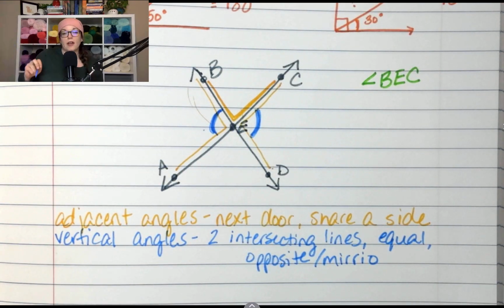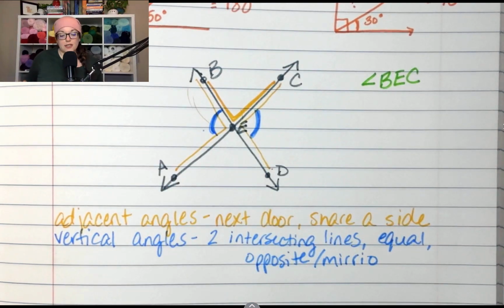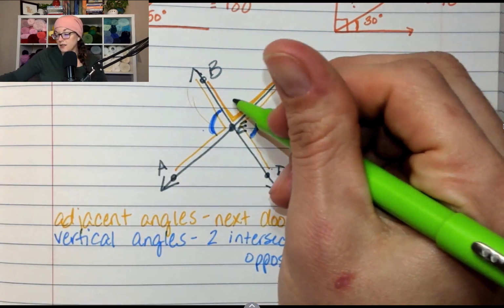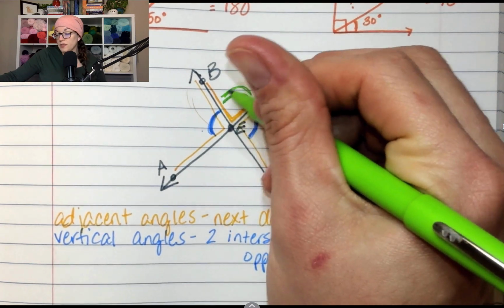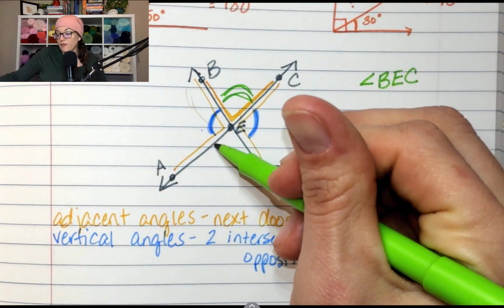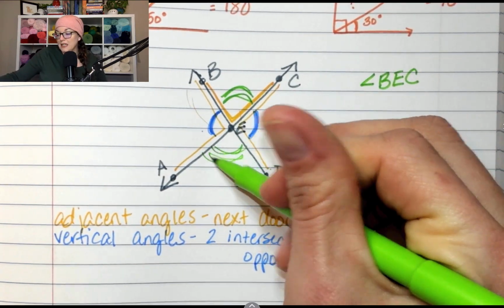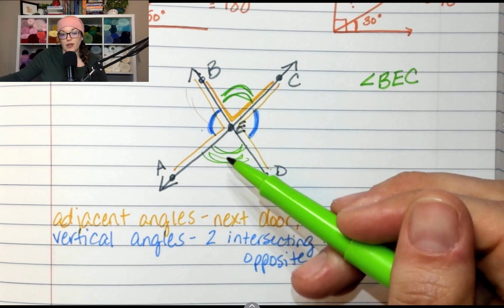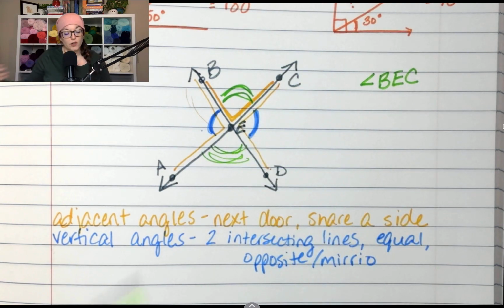What are two other angles in this scenario that are also vertical angles? BEC. So I'm going to put two swoops in BEC, which is vertical to AED. So these two angles are vertical, and they are also equal.